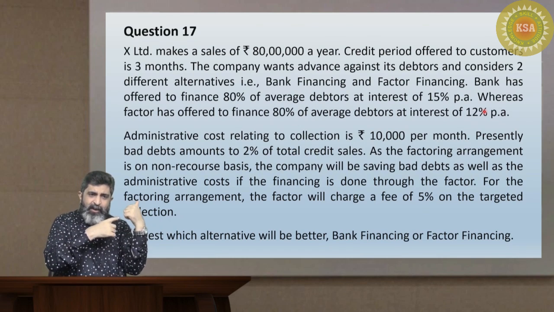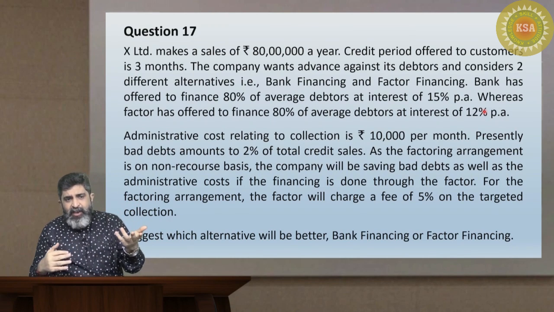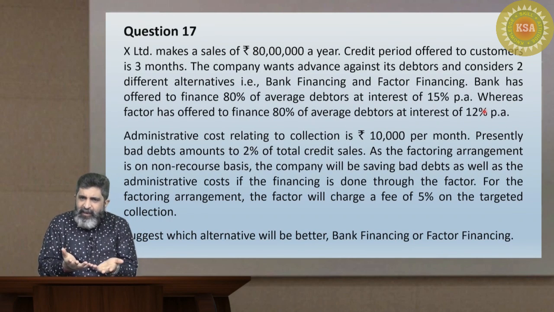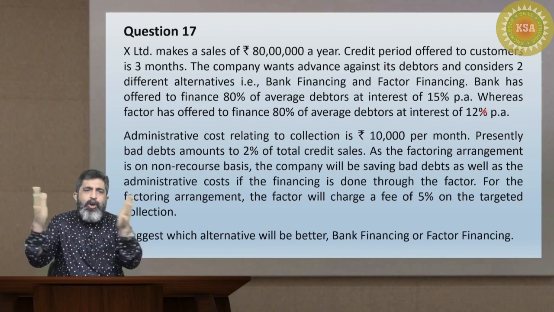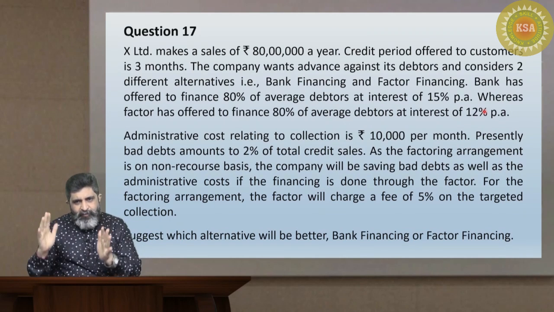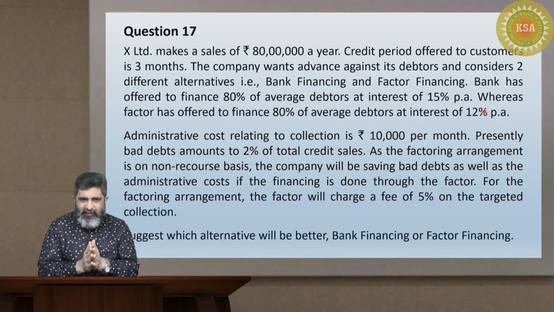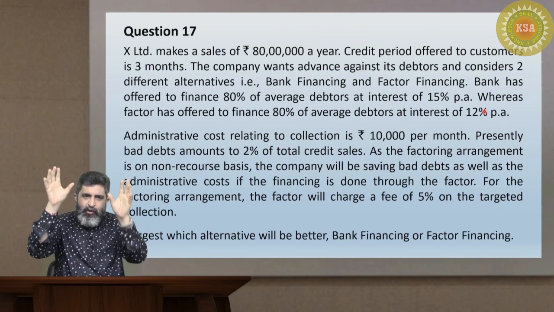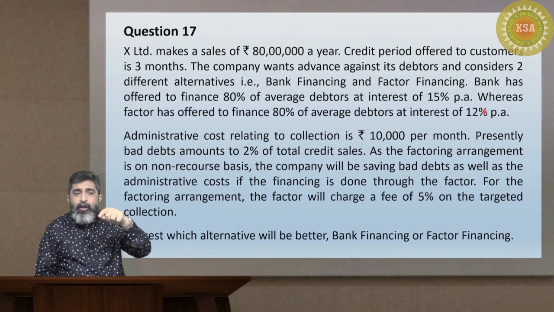Then, to solve this kind of question, yet another alternative way could be to make a columnar comparison, correct? Compare all your costs in two columns, that is bank financing and factor financing. When you talk about interest, put the interest amount in both columns.